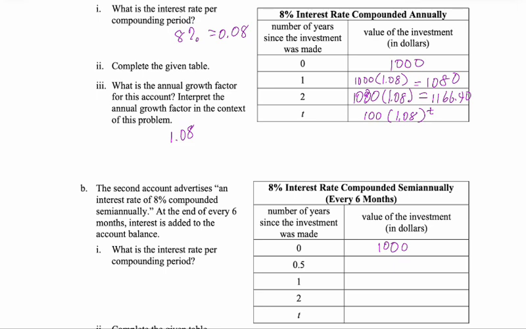It's 4%. And so we would do 1,000 times 104%, or 1.04. And we would end up with $1,040. So in that 6 month period, they give us half the interest rate. So that would be 4%.